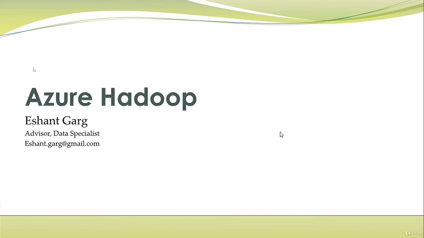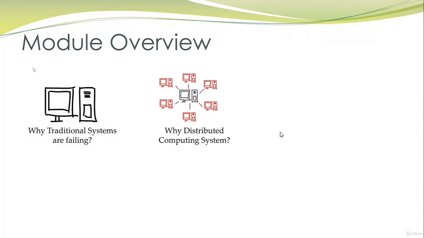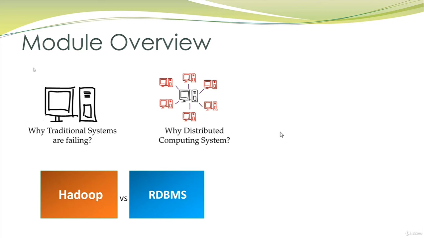This section is to cover basic concepts and understanding of Hadoop. Hadoop is a big topic and requires a full-length course in itself. So in this module, I will only cover what is essential to understand Azure HDInsight. If you are already familiar with Hadoop, please feel free to skip this section. We will discuss why our traditional systems can't handle the data requirements of today's world and how Hadoop is different from relational database management systems.